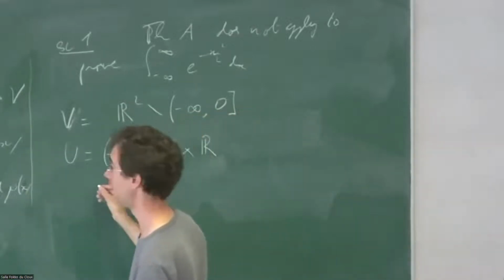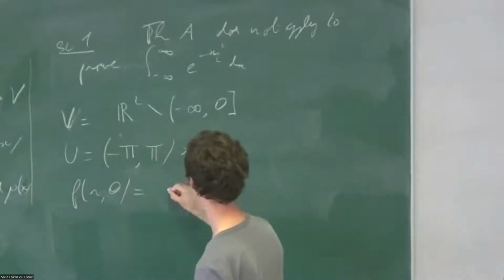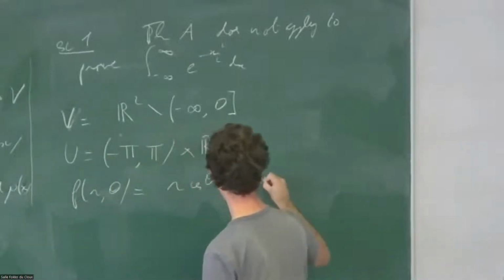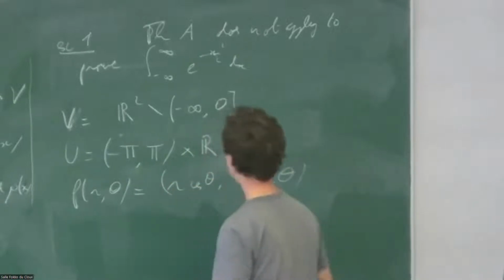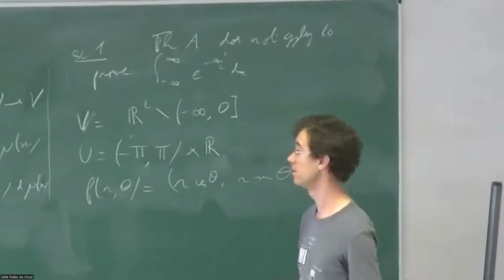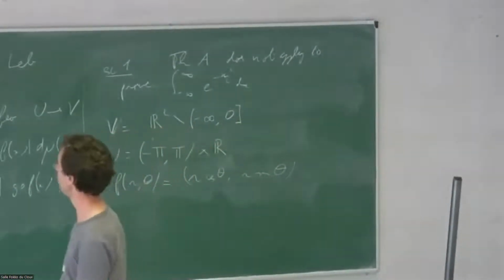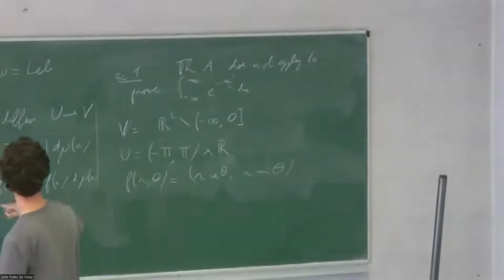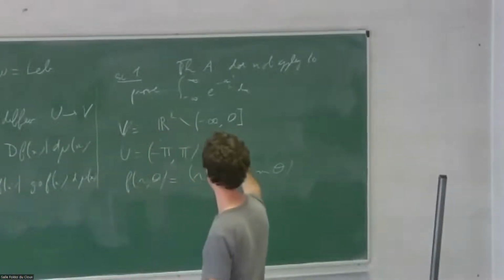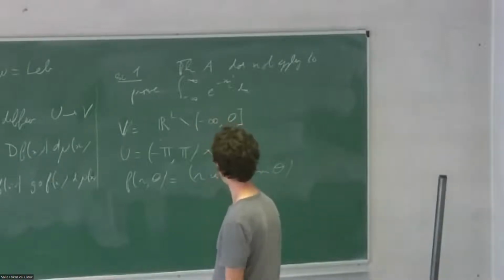And F of (r, theta) would be (r cosine theta, r sine theta). Of course, the integral over R squared, or if you remove this, it doesn't make a difference. So we have a function, it's C1 differentiable onto its image. No problem, the inverse is continuous, it's even C infinity, analytic, whatever.